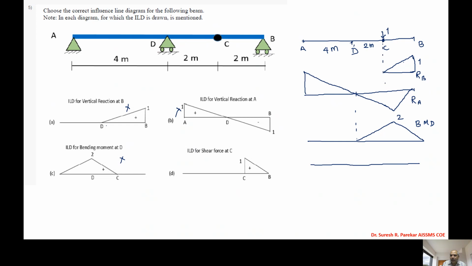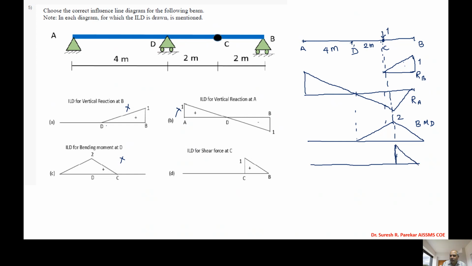So when the unit load is between A and C, the shear force is RB, which is 0. And when the unit load is between C and B, we have 1 minus RB. So 1 minus 0 gives 1, and then 1 minus 1 gives 0.